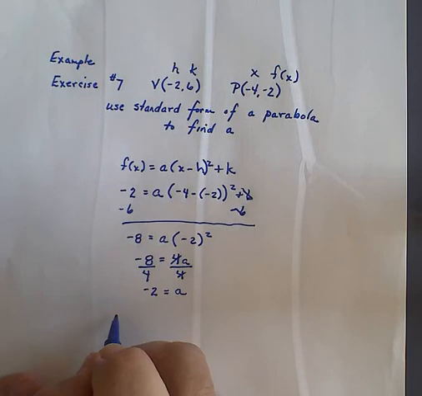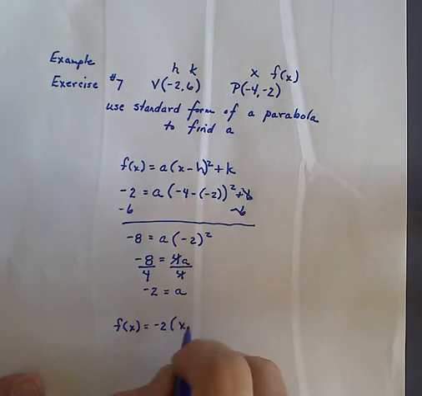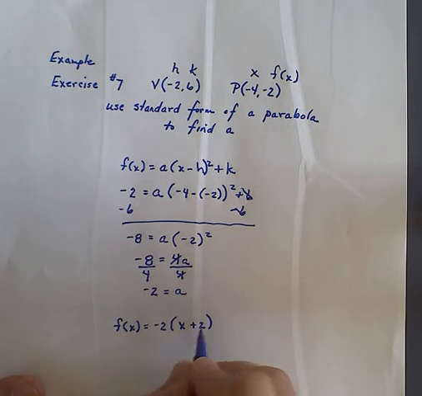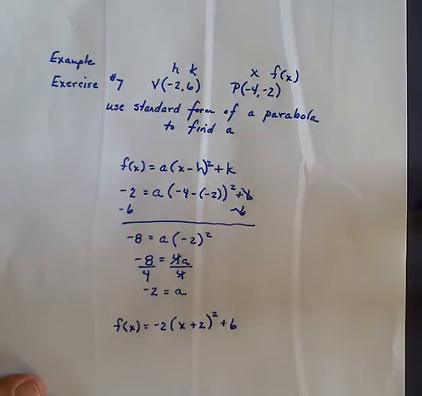So f of x equals -2 times (x minus a negative 2) squared, and because of the double negative, this becomes x plus 2, squared, plus 6. So there is your final equation for that parabola on number 7.